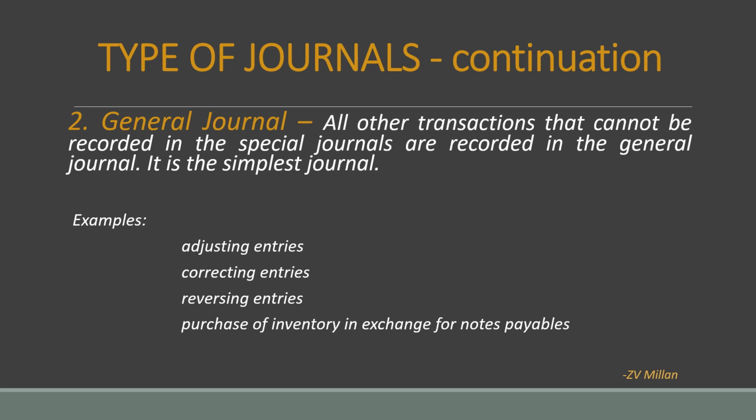And these reversing entries are also recorded in the general journal. And last is the purchase of inventory in exchange for notes payable. So typically, those transactions that cannot be recorded in the mentioned special journals, we usually record in the general journals.